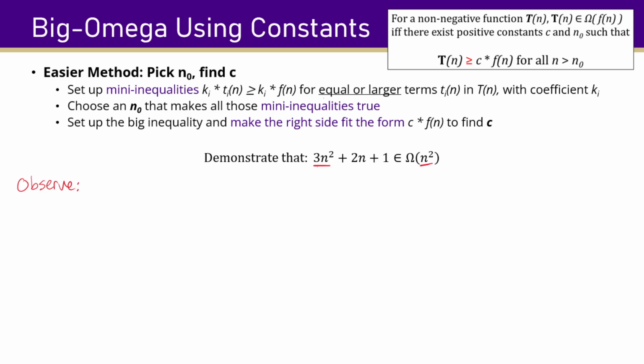All right, so observe that 3n squared is always going to be greater than or equal to 3n squared, right? I'm taking that same coefficient, but I'm applying it to the function on the right. This is, of course, true for all n. Those are equal. Now I'm going to look at the second term, and is there a way that we can say that n squared is always going to be smaller than 2n?